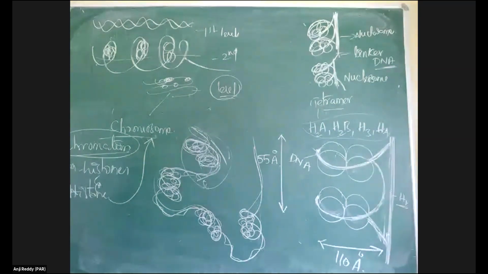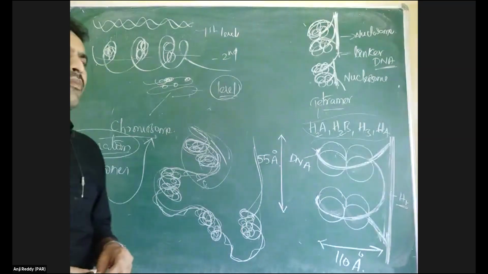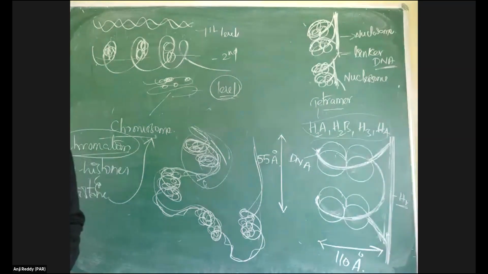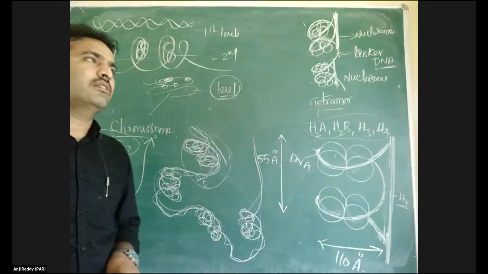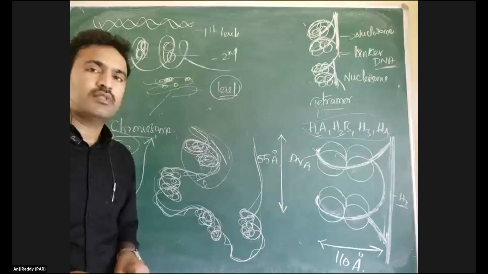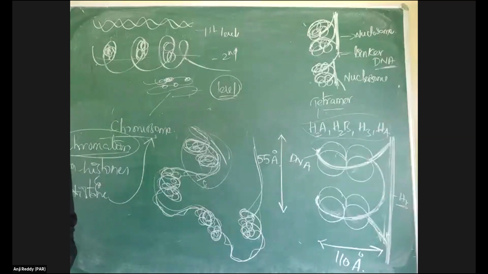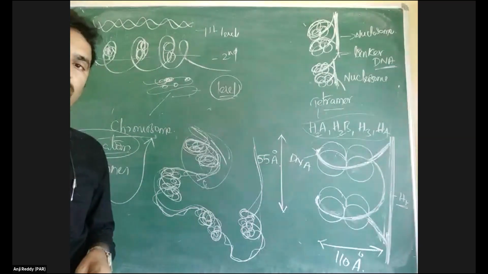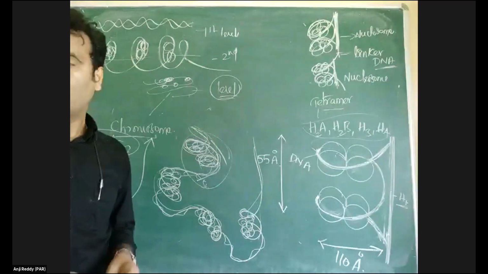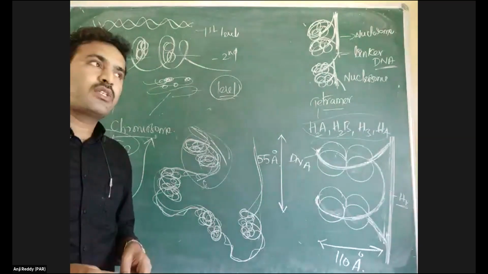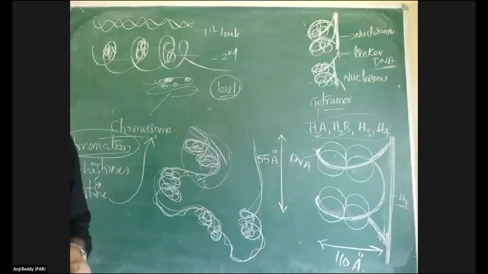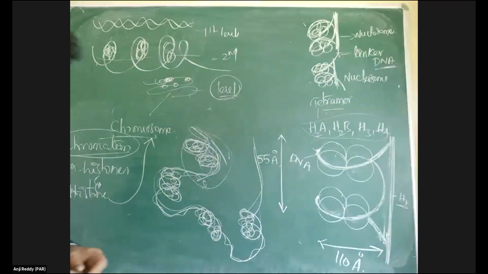Chromatin fibers that is again packed, that is again coiled and condensed to form chromosome, which is clearly seen in metaphase during cell division.